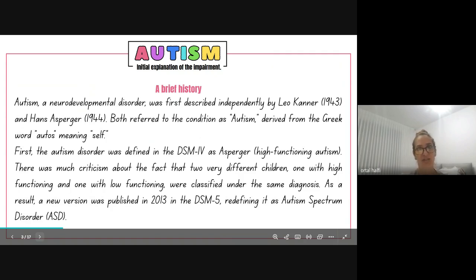There was much criticism about the fact that two very different children, one with high functioning and one with low functioning, were classified under the same diagnosis. As a result, a new version was published in 2013 in the DSM-5, referring to it as Autism Spectrum Disorder, ASD. ASD better reflects the range of characteristics and level of functioning.